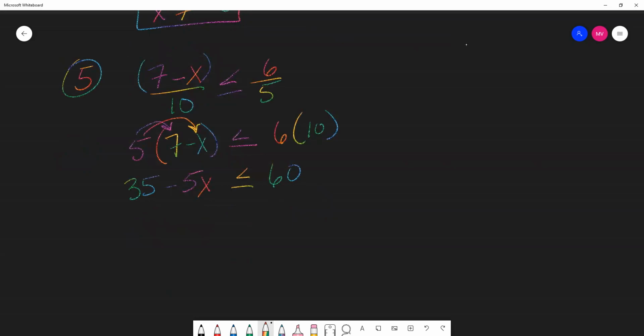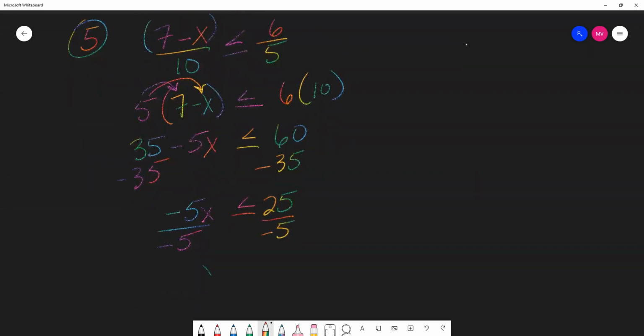Now, we subtract 35 from both sides, and you get negative 5x is less than or equal to 25. And then divide both sides by negative 5, and you get x is greater than or equal to negative 5.